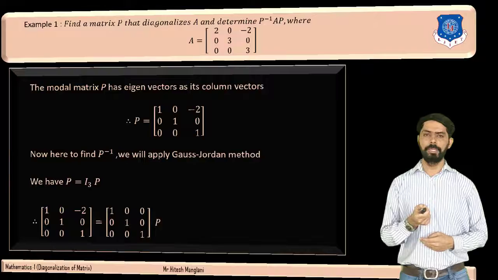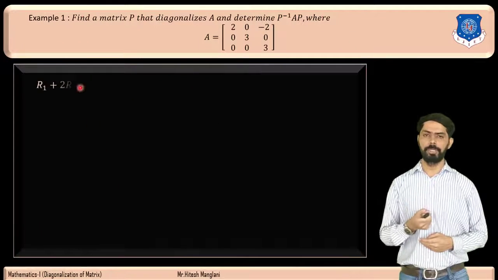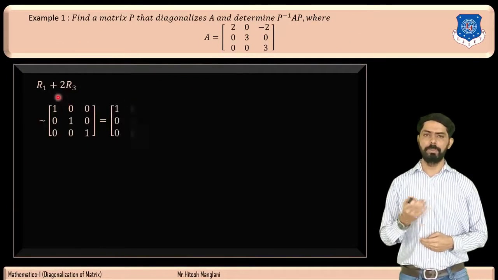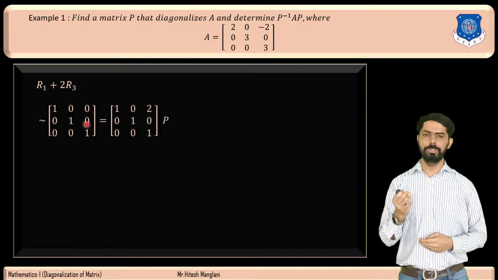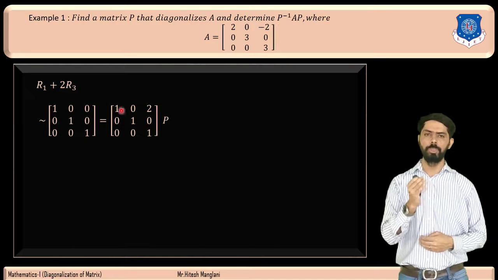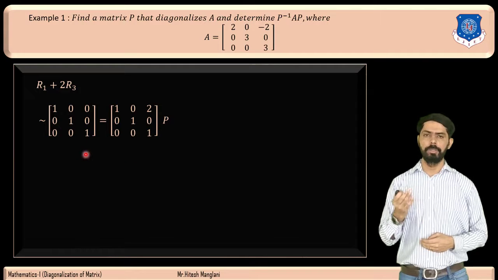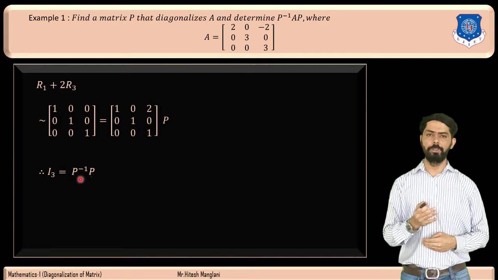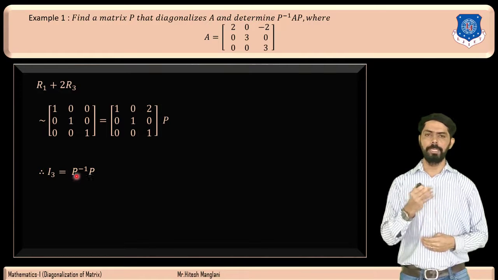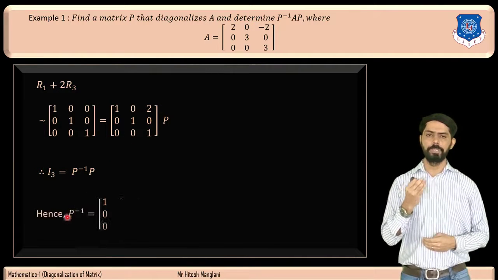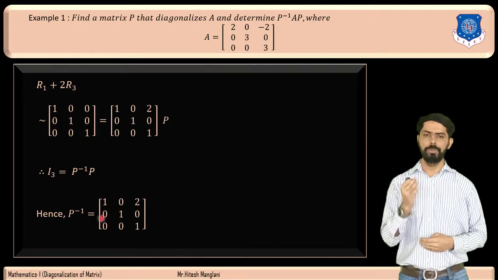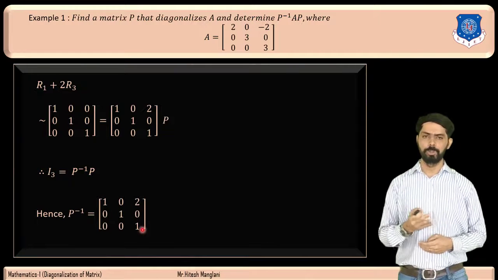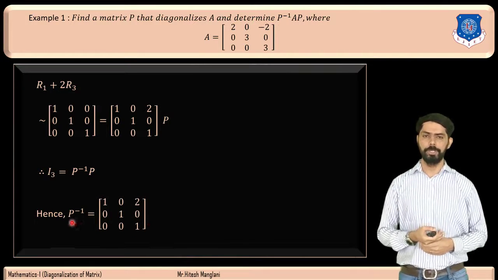So after applying the row operation R1 plus 2R3, the matrix will be 1 0 0, 0 1 0, 0 0 1 is equal to 1 0 2, 0 1 0 and 0 0 1 into P. So if we compare this with I3 is equal to P inverse into P, P inverse will be 1 0 2, 0 1 0, 0 0 1. So this is the inverse of matrix P.